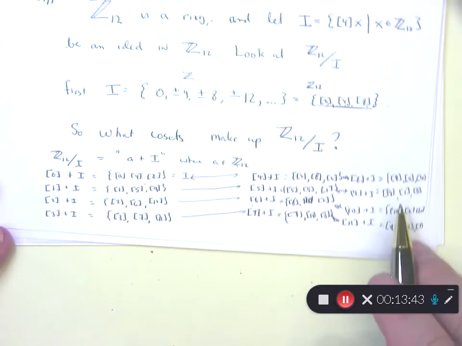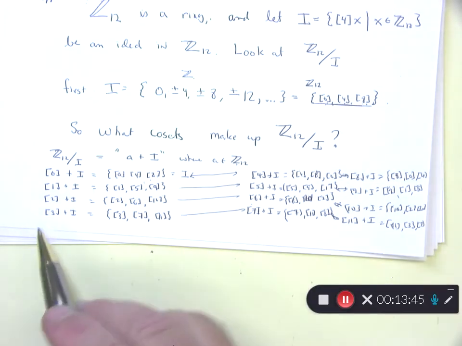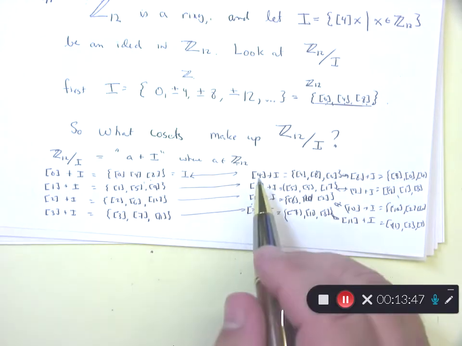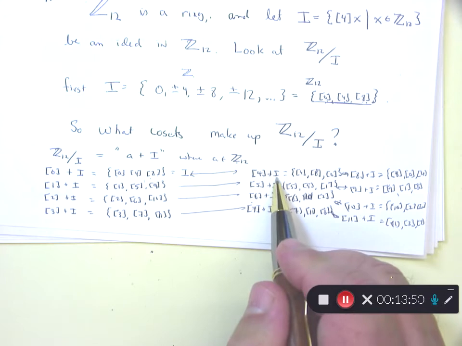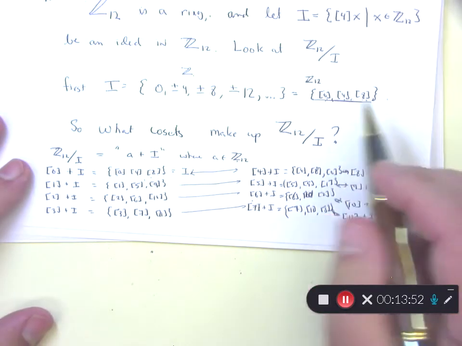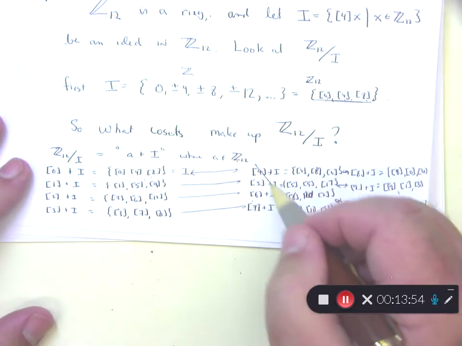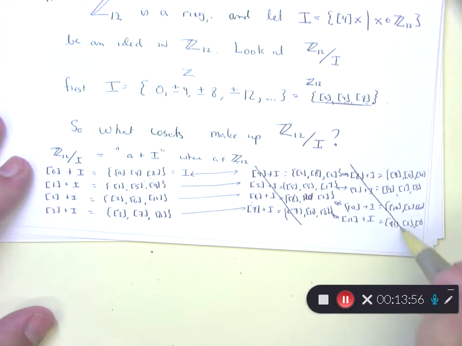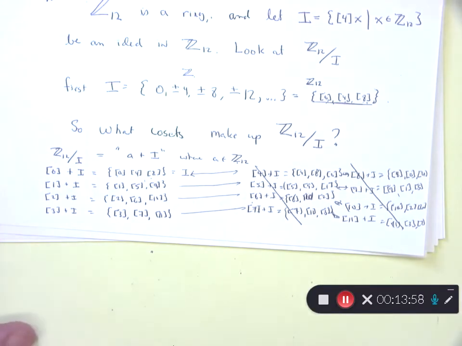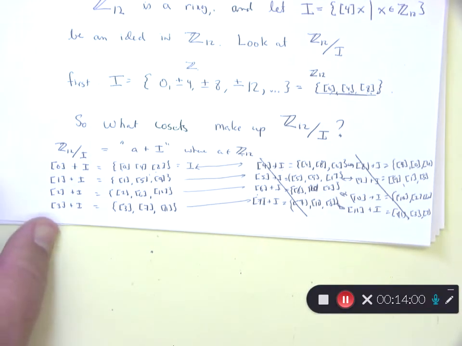So my point is, once you get past 3, once you go to 4, 4 plus I, but 4 was inside my set. So there's no reason to write it again. So to answer the $64 question, what cosets make up Z12 mod I?